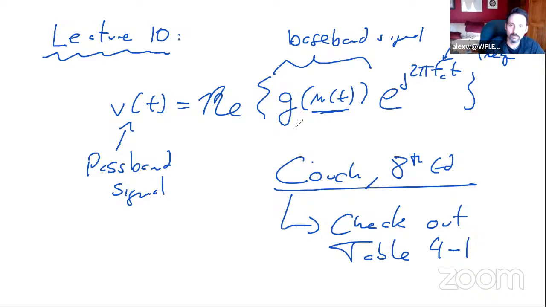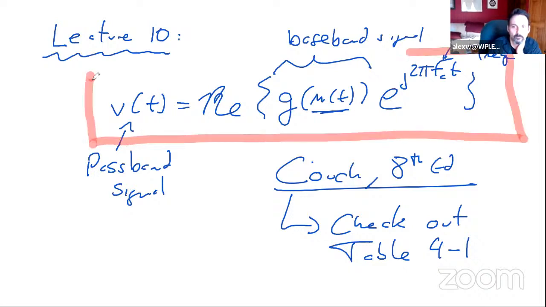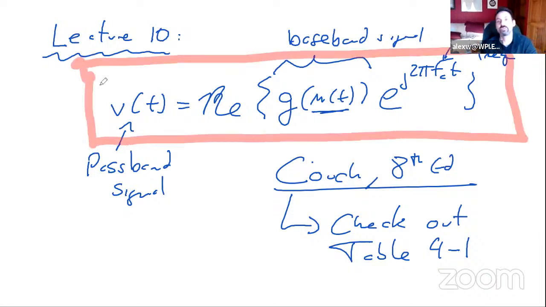Then you basically turn the crank and apply this expression. This expression is super important. I put a box around it. This expression is hugely important.